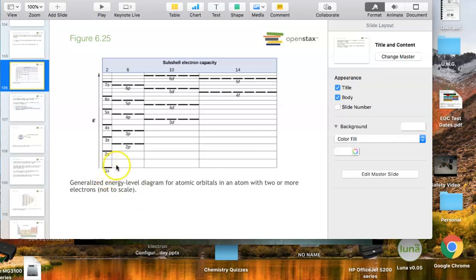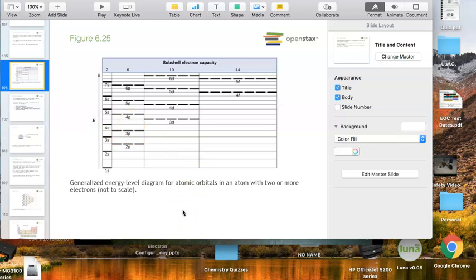The second electron, again, 1s. The third electron is going to go in the 2s. The fourth one in the 2s. The fifth one in the 2p. Keep going until you fill that one up, and then you move on to 3s, and then 3p, and 4s, and so on.